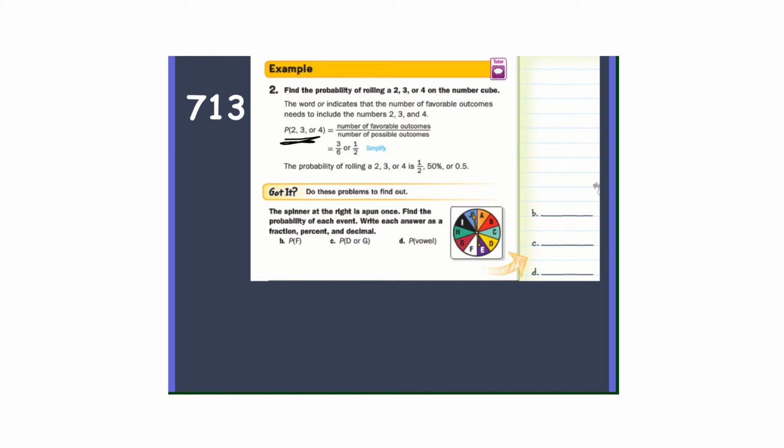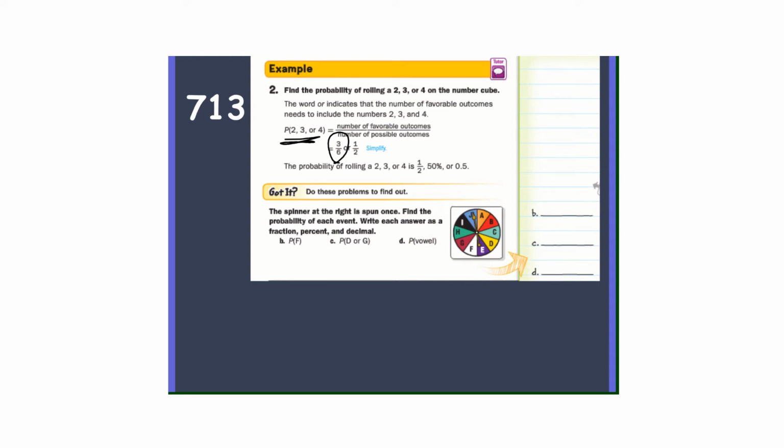Well, how many 2s are there? 1. How many 3s? 1. How many 4s? 1. So there's 3 favorable outcomes out of 6 numbers on the dice. So you can write that 3 out of 6, or 1/2, which is 50%, 0.5.